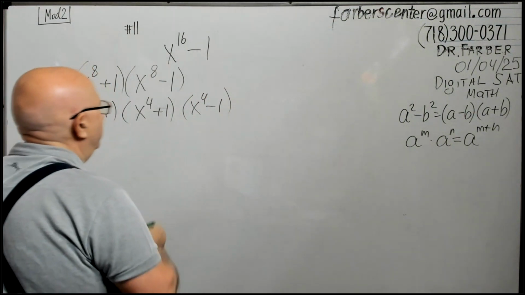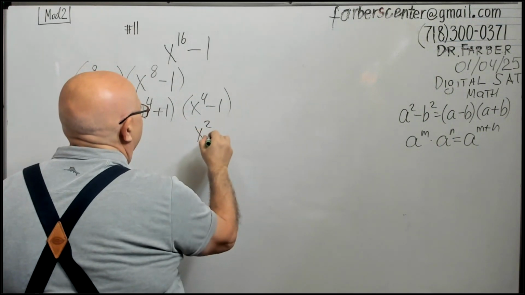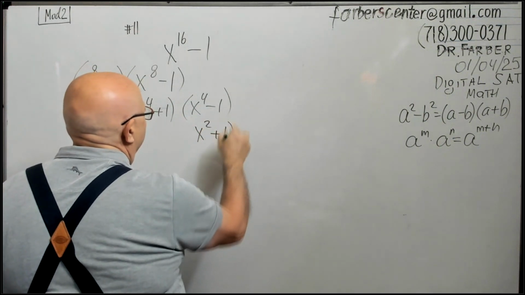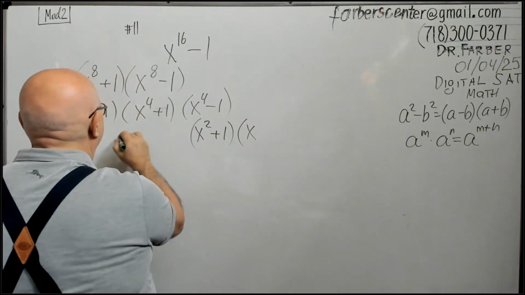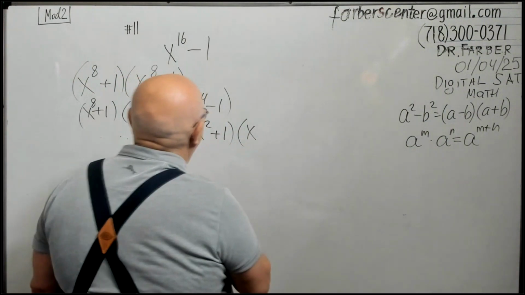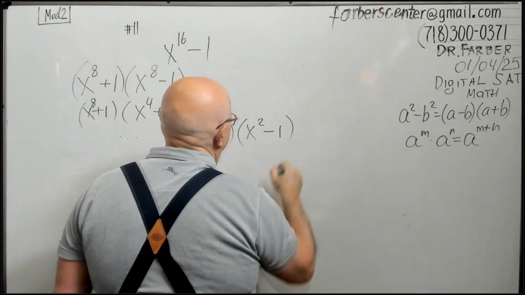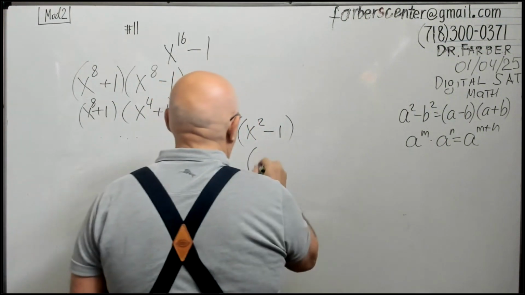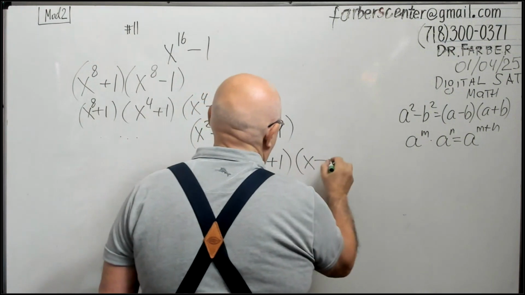Or factorize this one: x to the power 2 plus 1 times x to the power 2 minus 1, or x plus 1 times x minus 1. You can write all this stuff, what you have to the left.